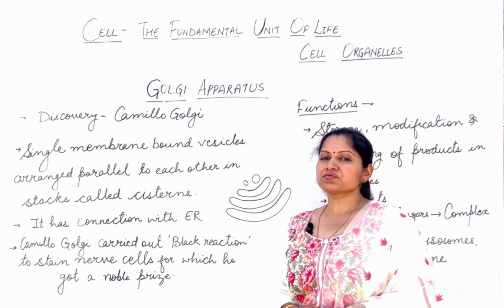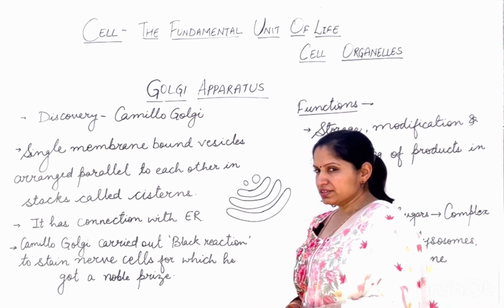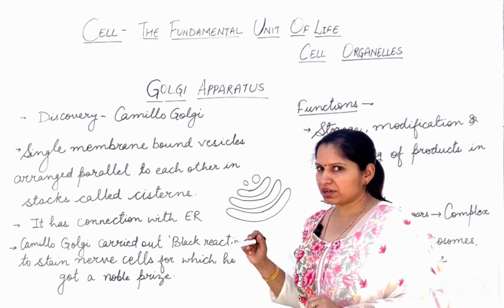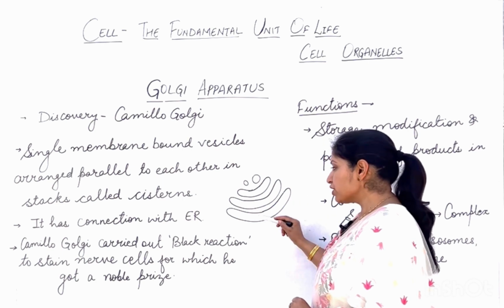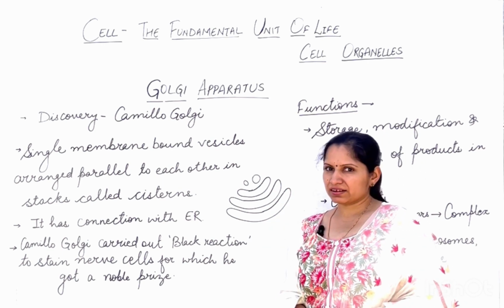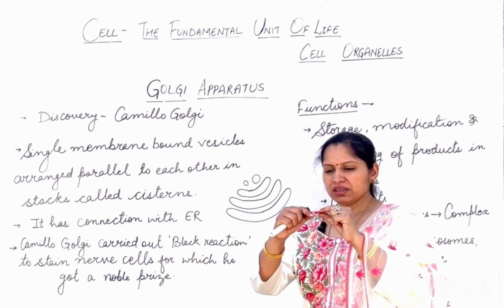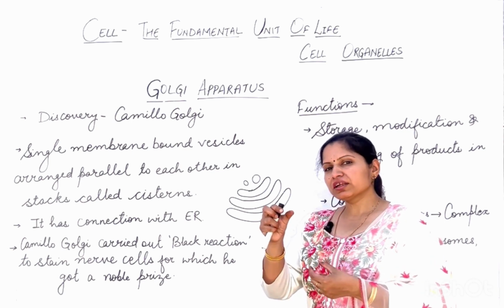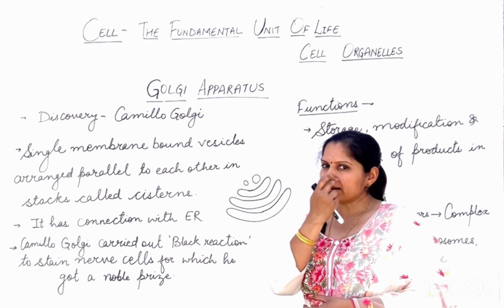Now, what is the Golgi apparatus and what is its function? First the structure: the Golgi apparatus is made up of single membrane bound vesicles which are arranged almost parallel to each other in a stack. Now, what is a stack? Stack means one above the other. If you put a stack of coins, it means putting the coins one over the other.